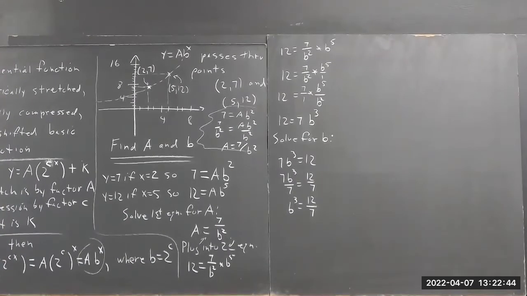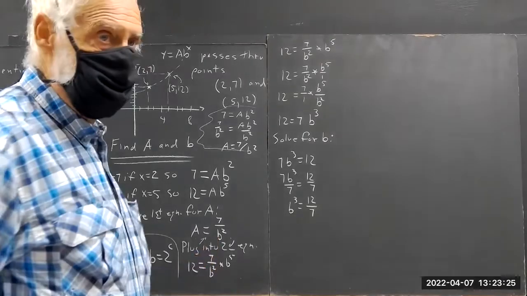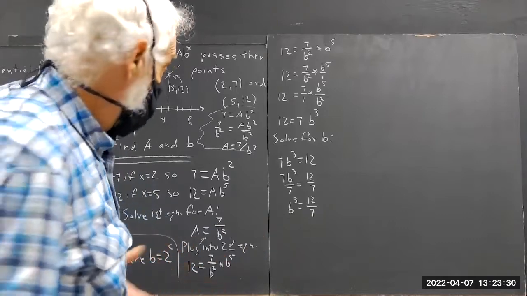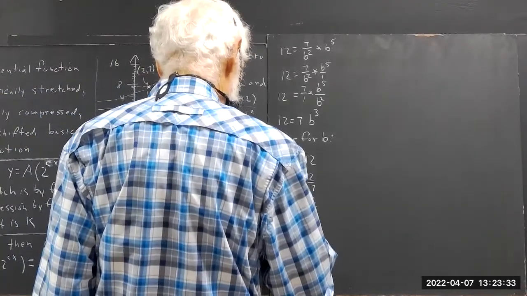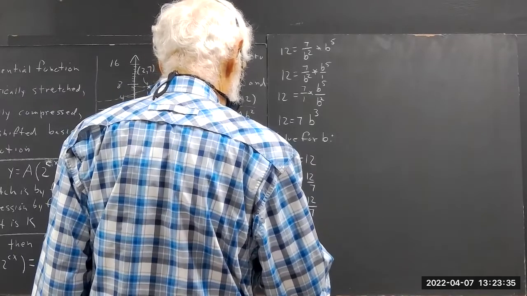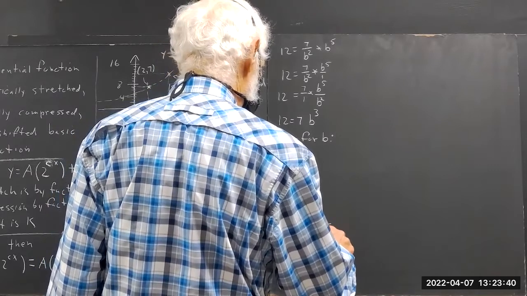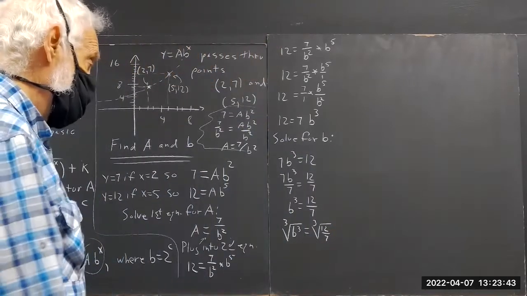Okay, does anybody want to tell me, as soon as I pause this, how we solve B cubed equals 12 sevenths for B? Okay, people say do the cube root. Well, I'll do that, but I'll show you a different way that's easier to put into your calculator. Just putting a cube root in involves using the nth root function and putting the numbers in. You can do either. So we can say the cube root of B cubed equals the cube root of 12 sevenths.